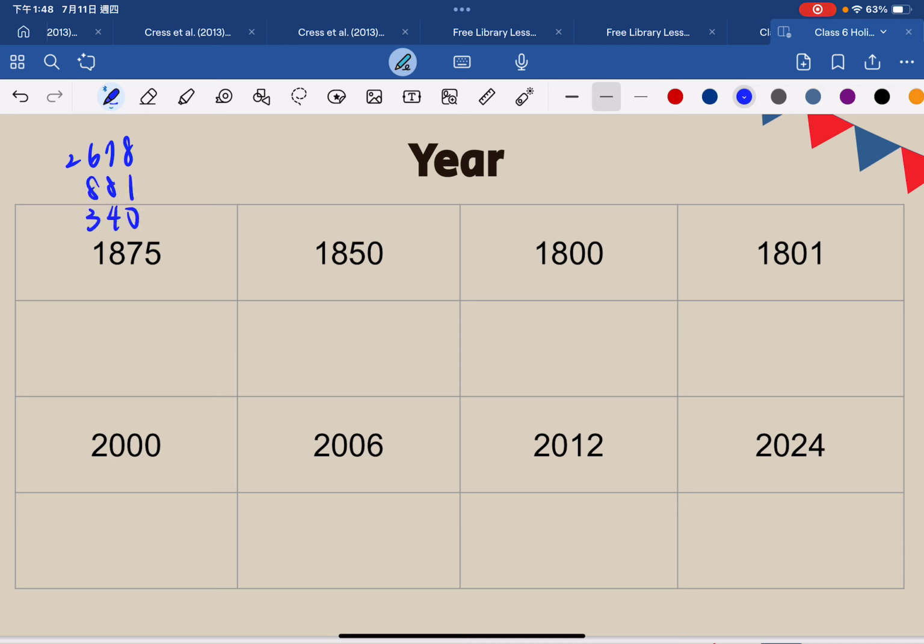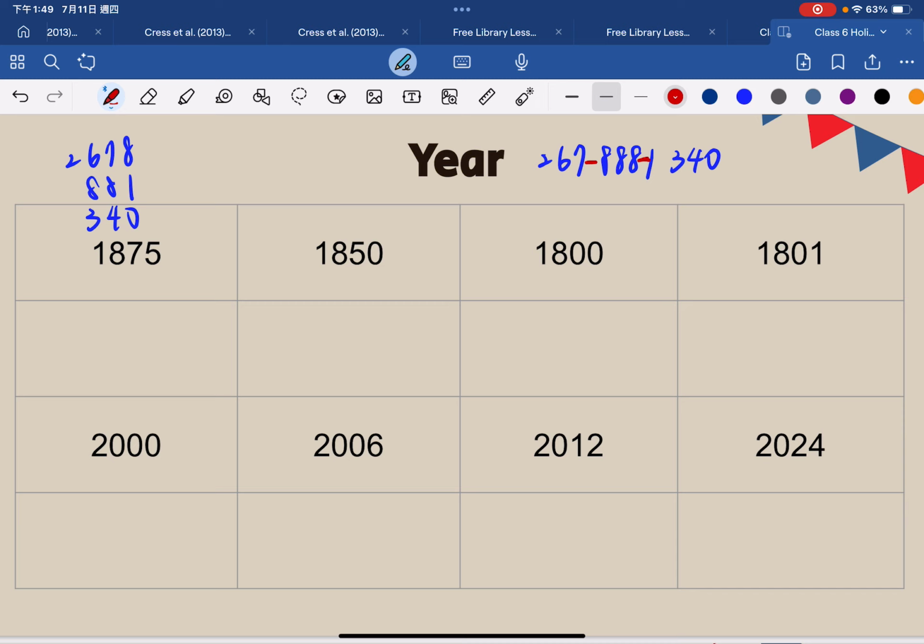But if we put it this way, 2,678, 881, sorry, let me move the word, and 340. Okay, and I put something here. What is this? It is a phone number.